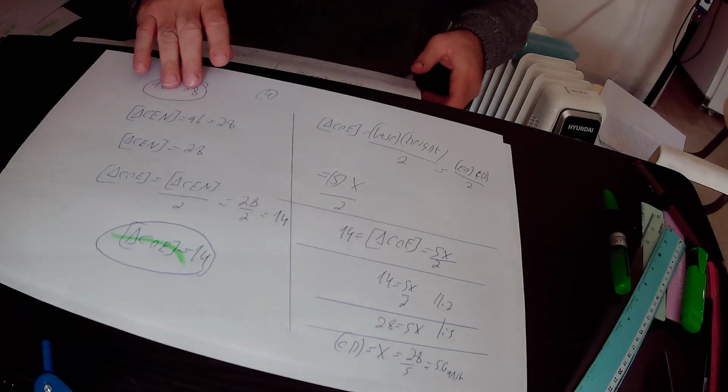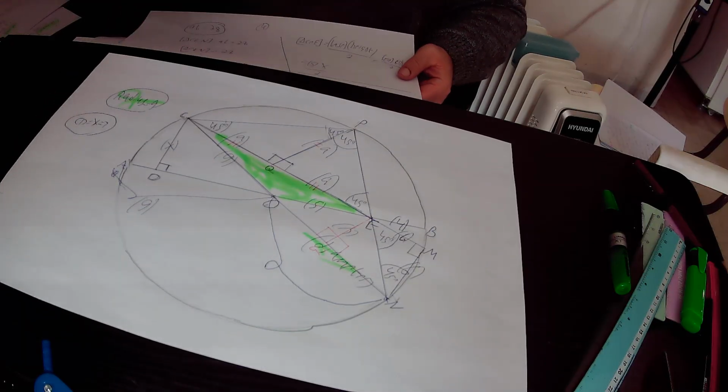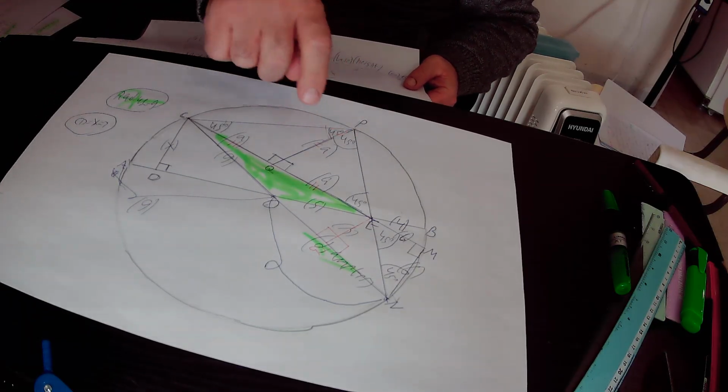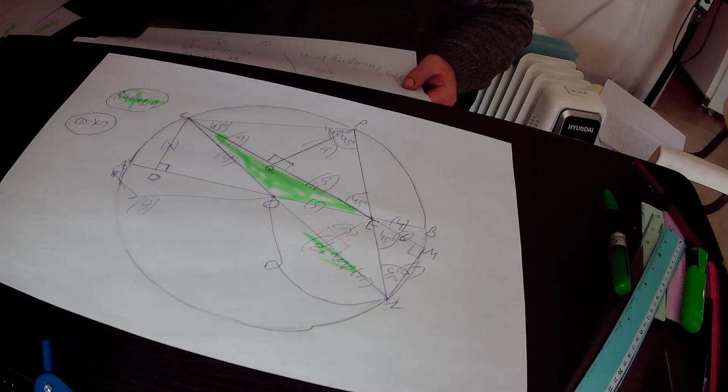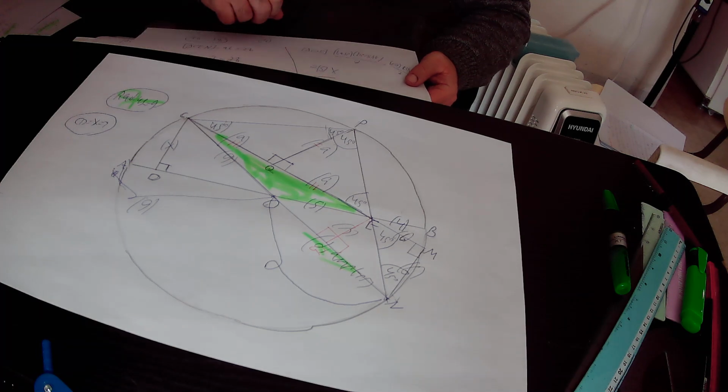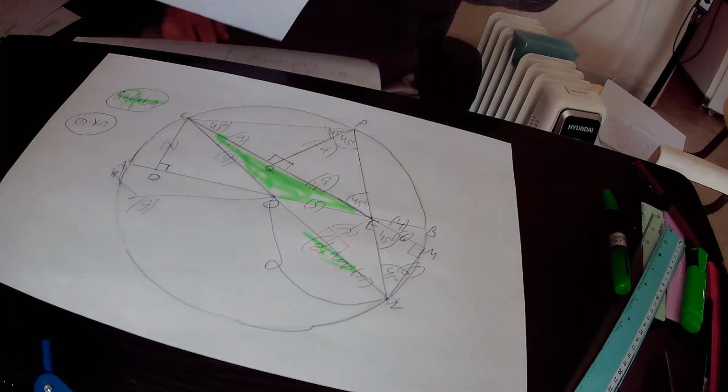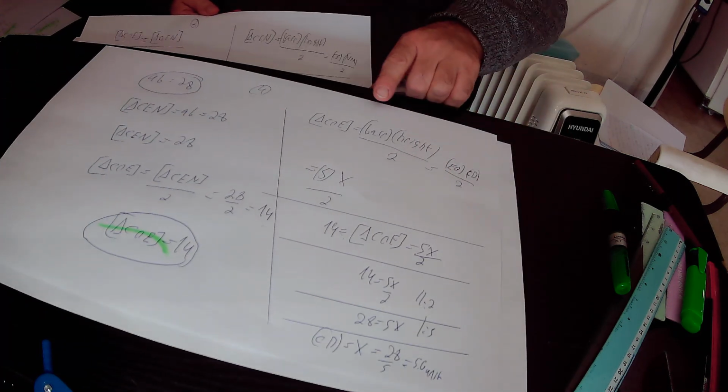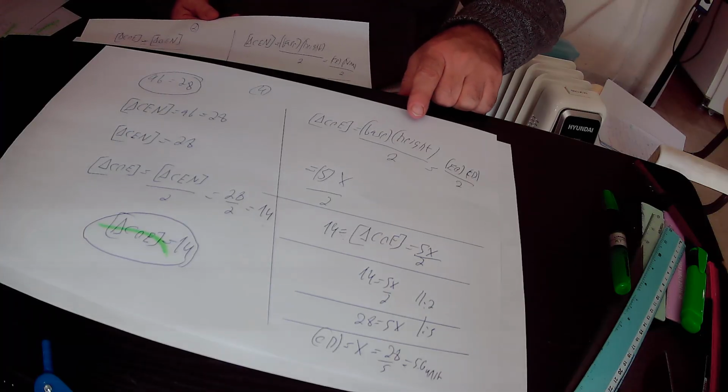The next step, we calculated the area of this green triangle COE according to the rule that says the area of a triangle equals the base of the triangle times the height to the base over 2.